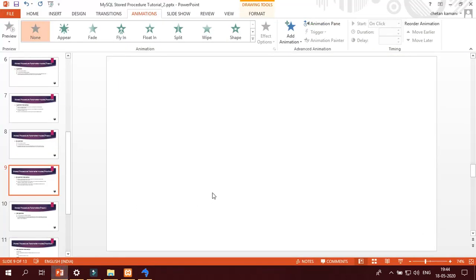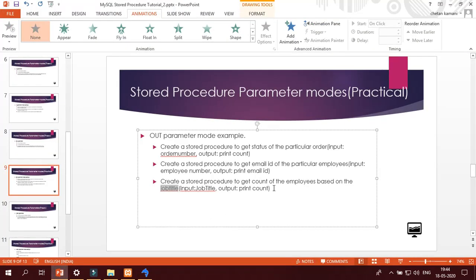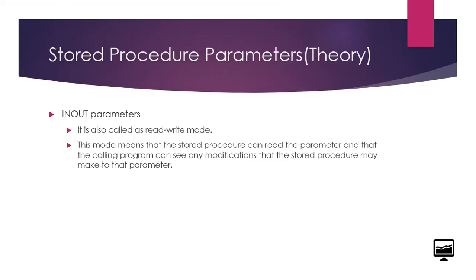So up to this we have seen three different stored procedures for the OUT parameter mode. Now we will see INOUT parameter mode. It is also called read-write mode. It can be used as an IN parameter or as an OUT parameter. This mode means the stored procedure can read the parameter and the calling program can see any modification the stored procedure may make to that parameter.